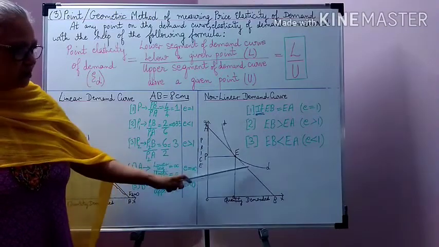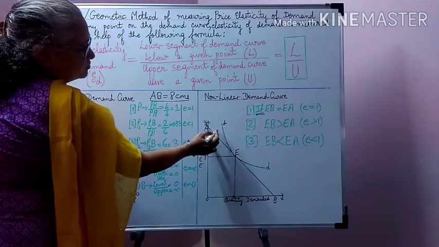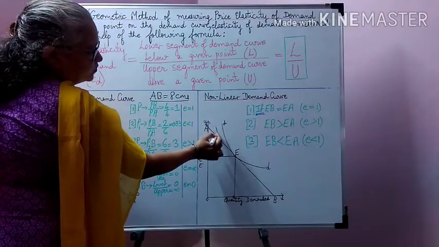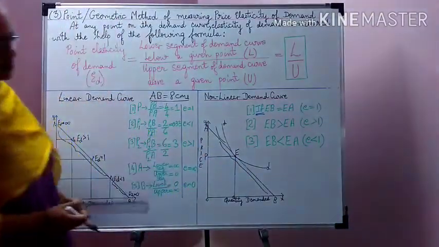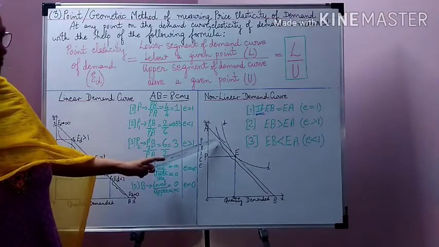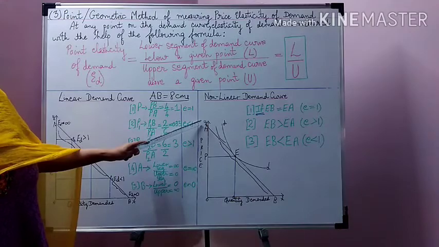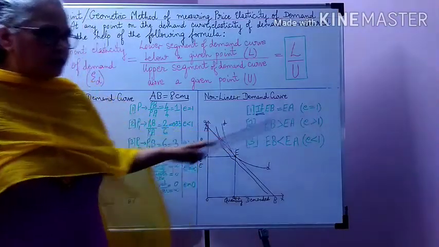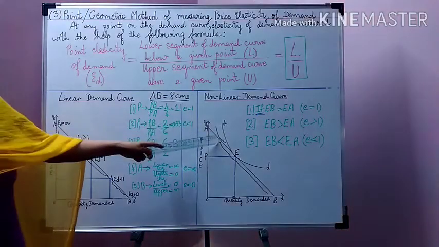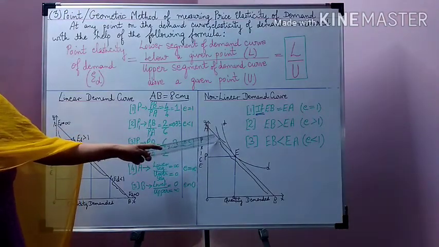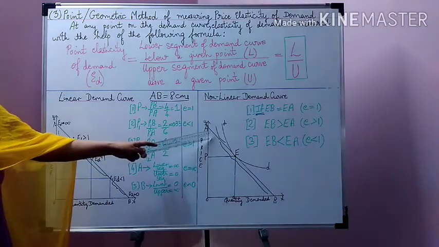So, if EB, that is the lower part, is greater, because I have a curve over here, this will become my EB. So, if EB is greater than EA, it is more elastic, so it is E greater than 1. So, conclusion is, at this point, elasticity of demand will be greater than 1, so it is relatively elastic demand.